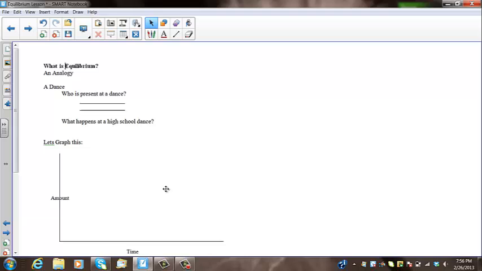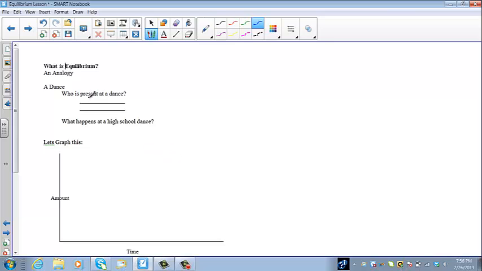So what is equilibrium? Let's use an analogy. If you go to a dance, who is present at the dance? Now, you might say students, boys, girls, teachers, safety staff, custodial people. However, if we just say boys and girls, then we can cover everyone that's at the dance.